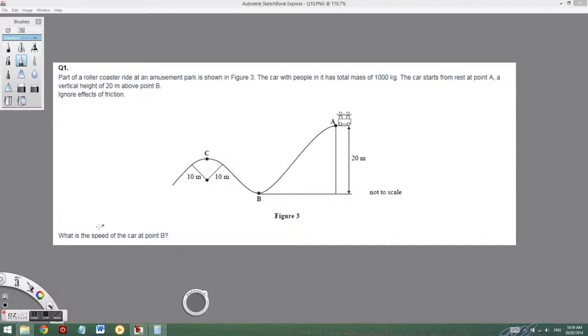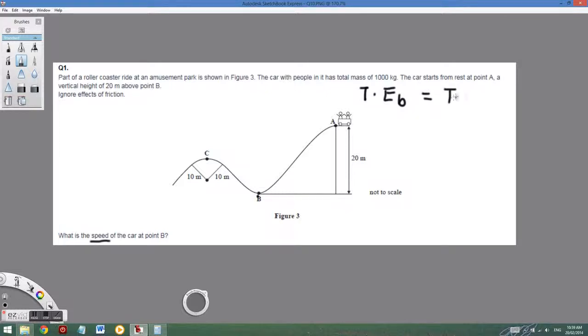I need to find the speed at point B. This time we need to use the conservation of energy. The total energy before must be the same as the total energy after.